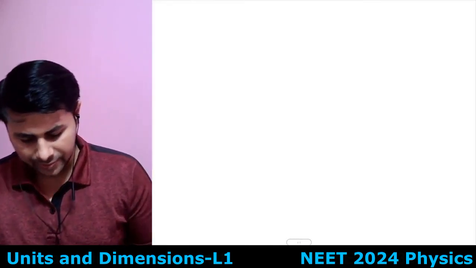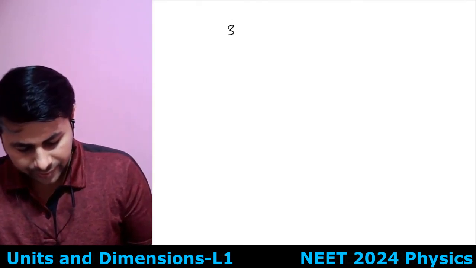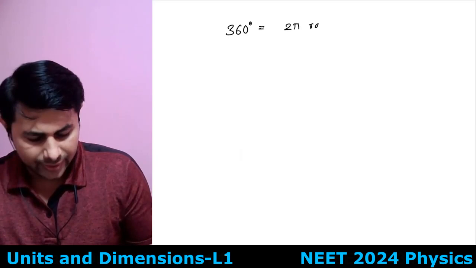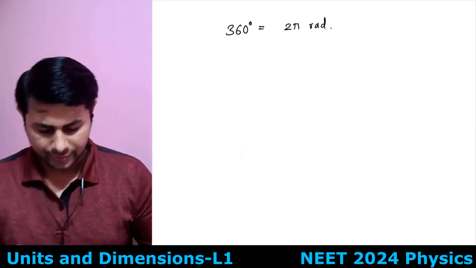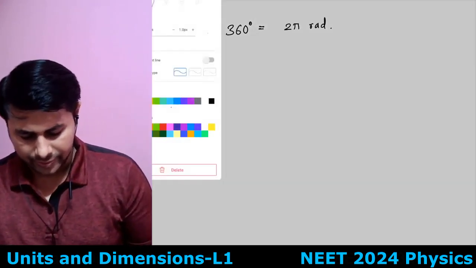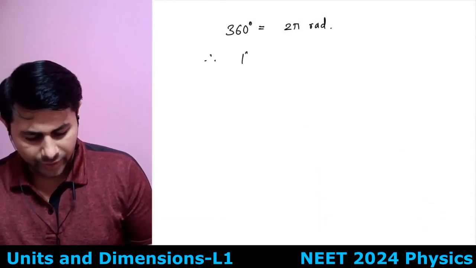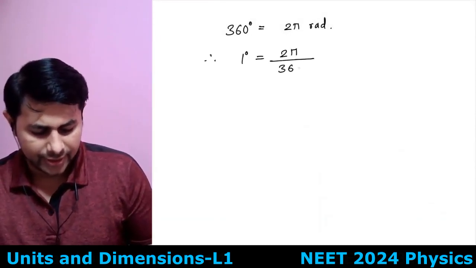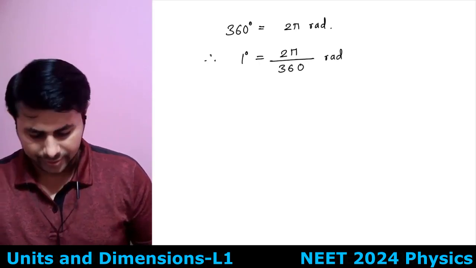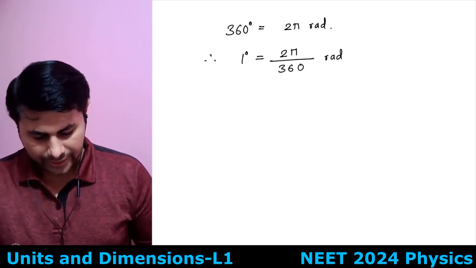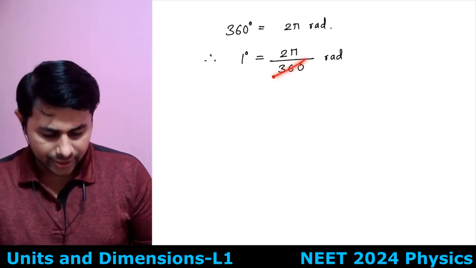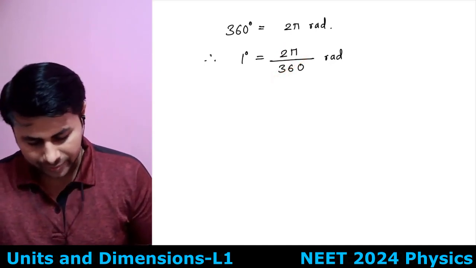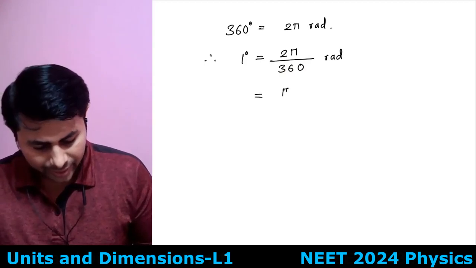So I can say 360 degrees is equal to 2 pi radians, and therefore 1 degree is equal to 2 pi divided by 360 radians. I can cancel out this 2, so it is pi divided by 180 radians.